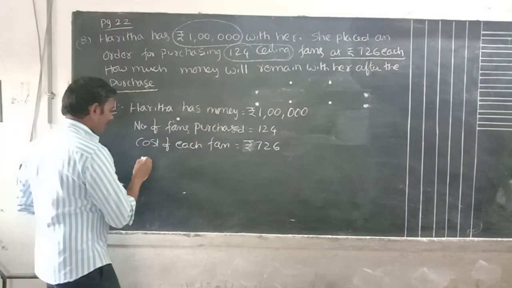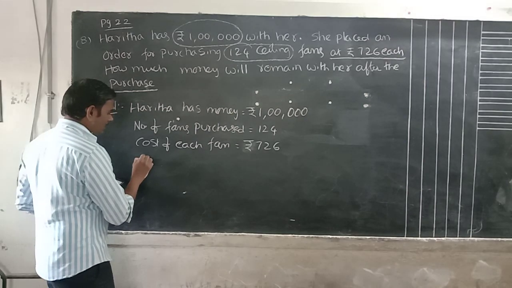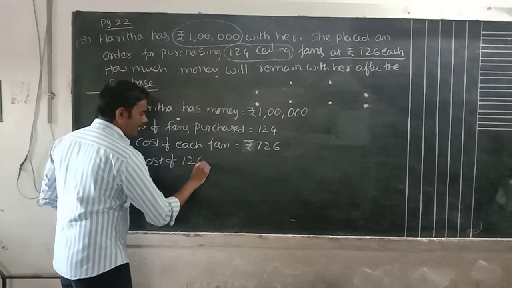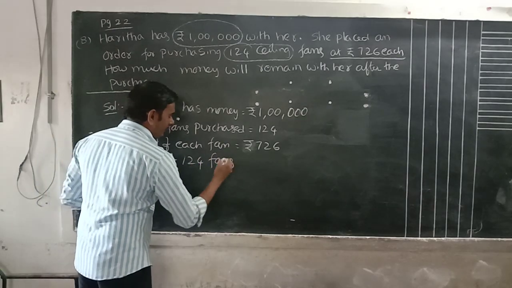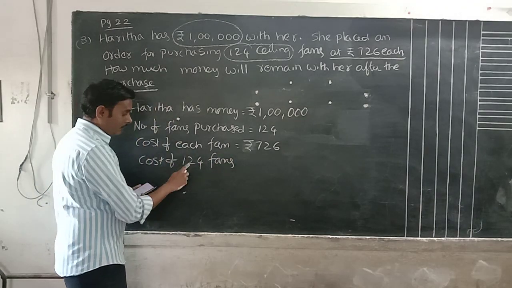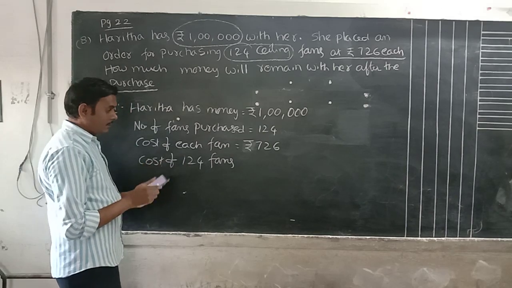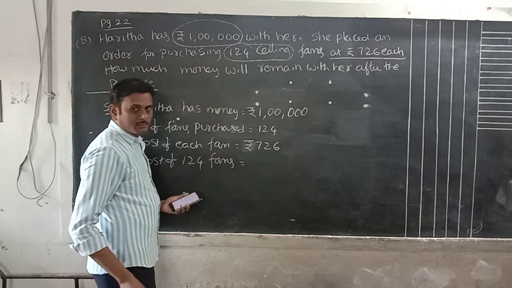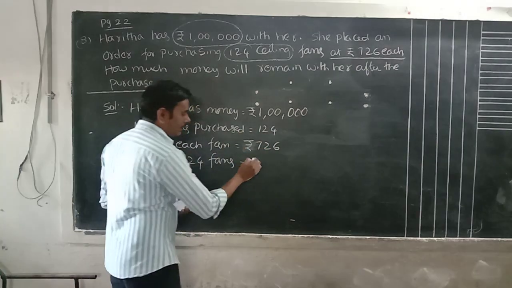Cost of each fan means one fan only. I want to know the cost of 124 fans. Each cost is multiplied with the total 124 fans.